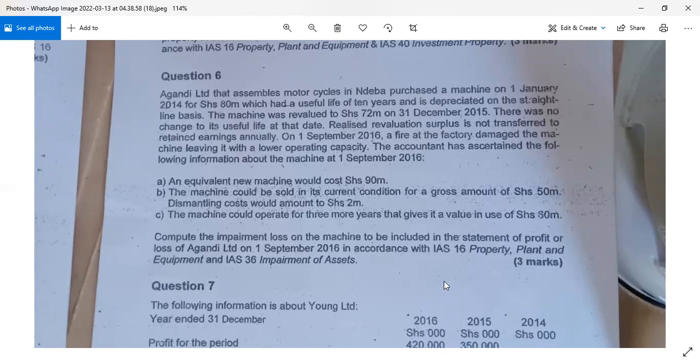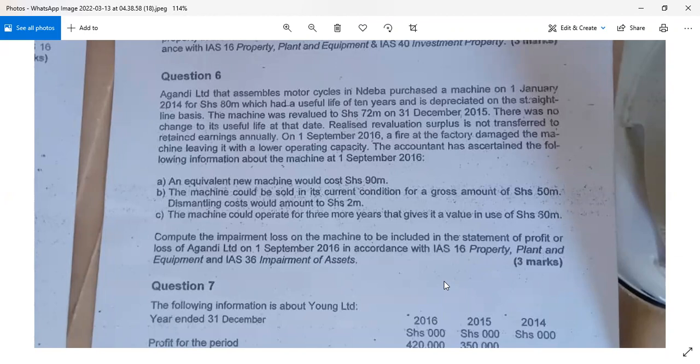This is IAS 16, yes, but once there's revaluation, we know that is where we shall have issues. Not necessarily hard issues, but we know that at the end of the day, we're going to be carrying our asset at revalued amount minus accumulated depreciation minus accumulated impairment loss.